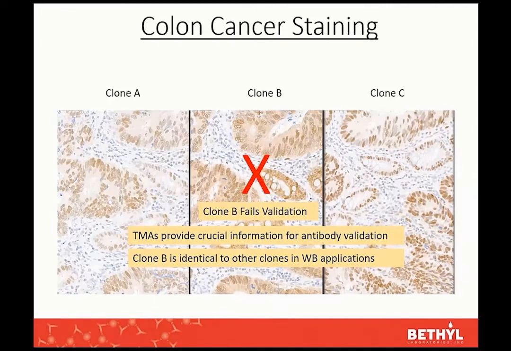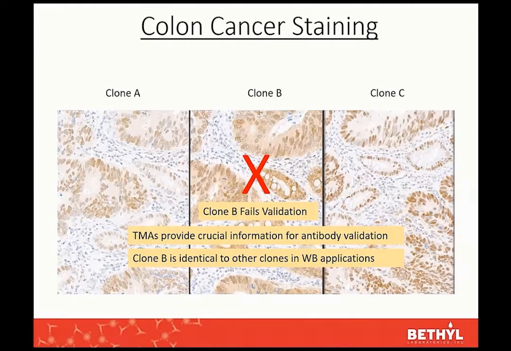And the important lesson is that a tissue microarray provides crucial information for antibody validation, because you do want your antibody to behave the same across different tissue types. And so in this example, clone A and clone C would be passing.